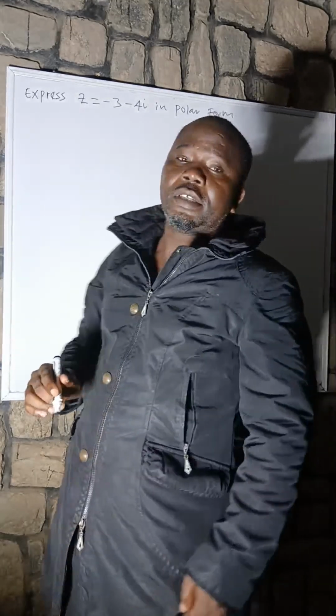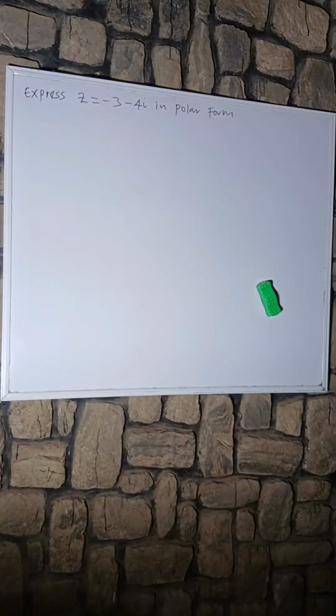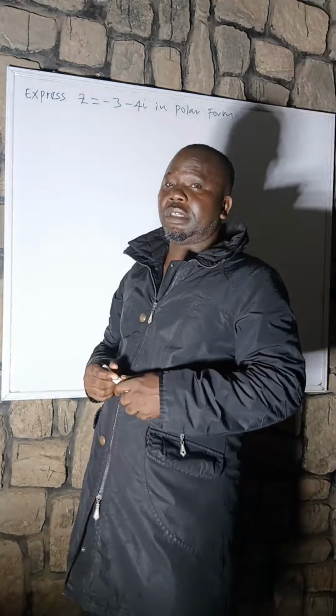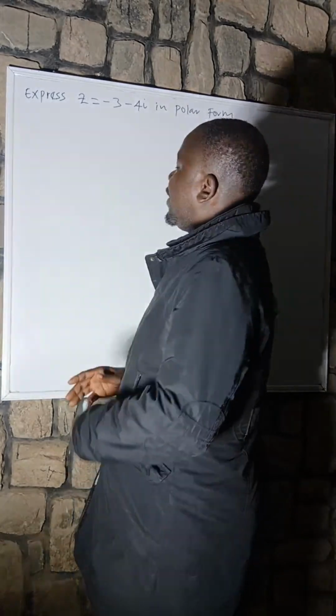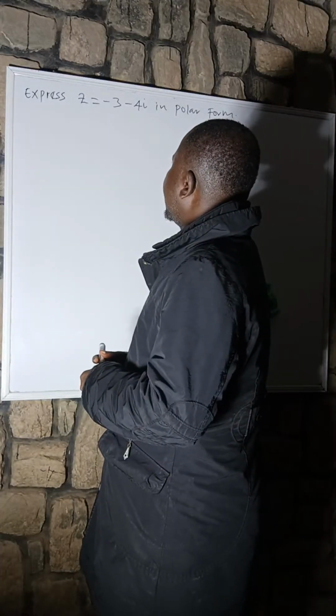So as simple as ABC, we'll look at it together. It's very simple. How can we express this in polar form? This is what we are going to do here.